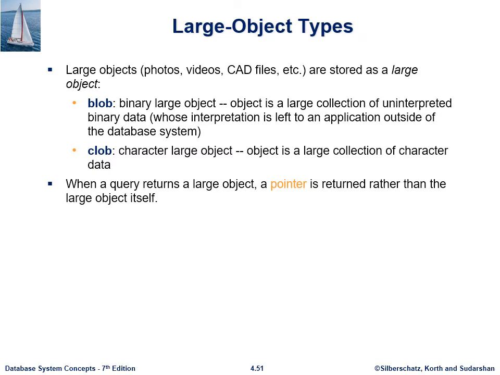So instead of returning the object itself, we just provide the location of the file of the object, which means we just provide a pointer to that object. That will be enough. For more details, if you're interested, you can look at the book. Here we just inform you that we do have some other data types to cover this purpose.